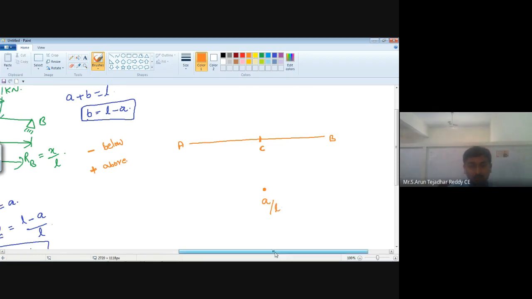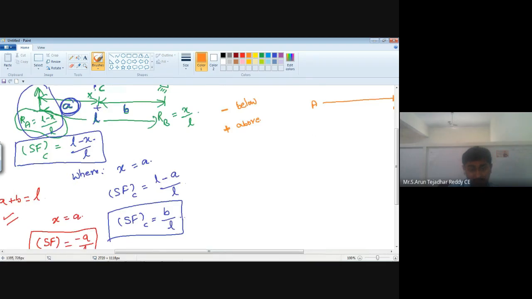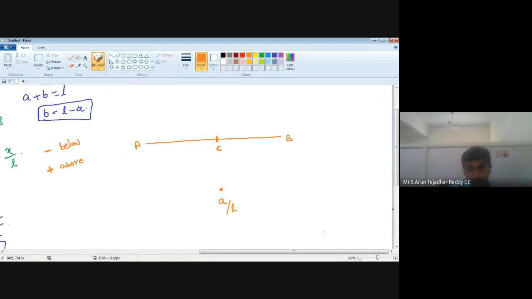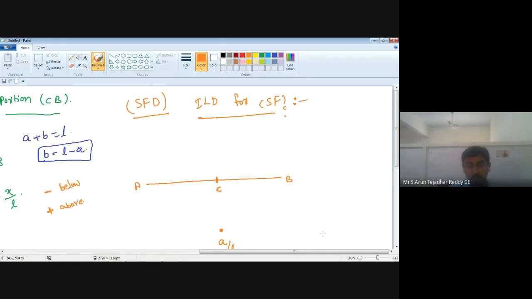Now again we have another value, shear force at C is B by L. It's a positive value, so it is above the beam. So mark here, that is B by L. Now A to C generally we got minus, so it is a minus shear force diagram.